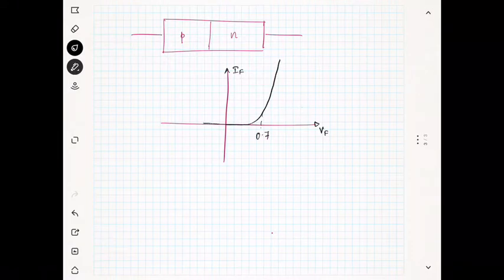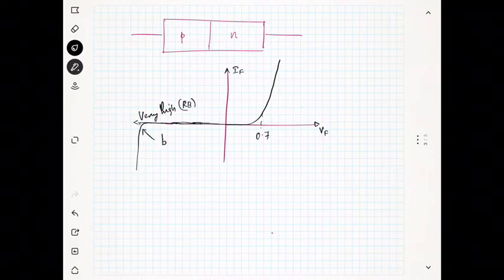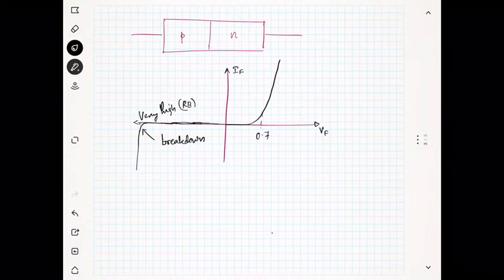At reverse bias, even if you give a very large voltage you cannot see any breakdown, but if the reverse bias voltage becomes very high, you can see a breakdown, usually in a standard diode.